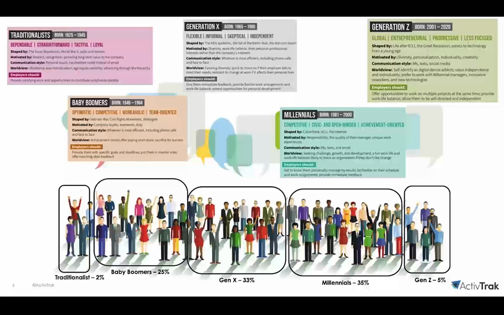And so we all have different things that we're shaped by. We're shaped by our own experiences and our own perceptions. Obviously we're motivated by different things. We have different communication styles. We have different worldviews.